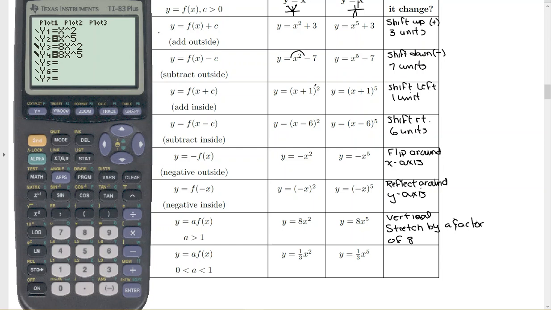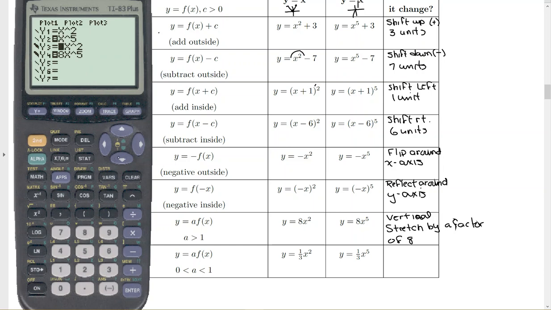Right, so x to the fifth, remember low side up, 8x to the fifth, kind of, again, took my outside function and just pulled it up, vertical stretch by a factor of 8. So if I put in a number bigger than 1, it's going to stretch it.